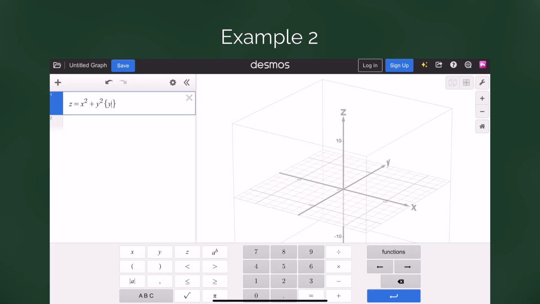And then last, we can do the yz trace by letting x be some number. So we'll let x be 1, and we get that parabola. If we let x be 2, we get a slightly different parabola. If we let x be 3, we get a slightly different one. So you can see that by just changing the value of one of the variables, you can walk through the traces of this surface.